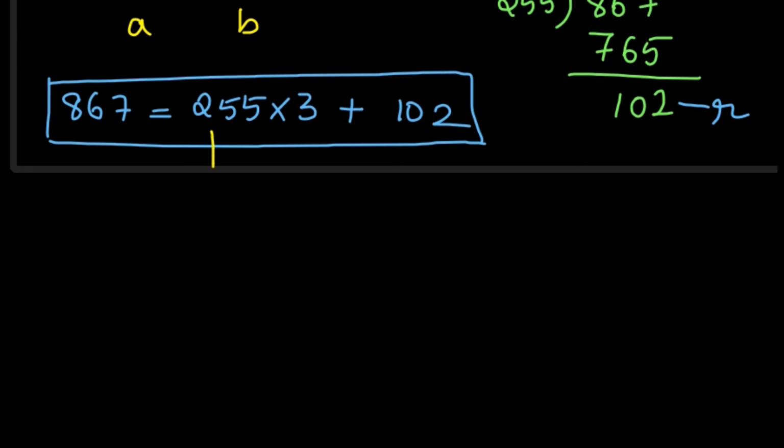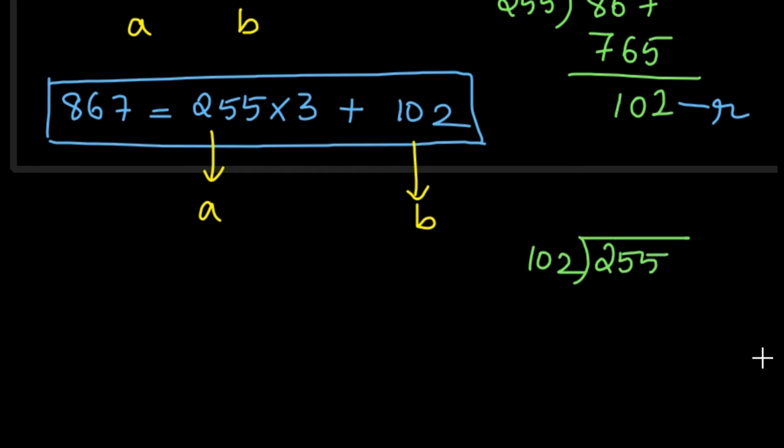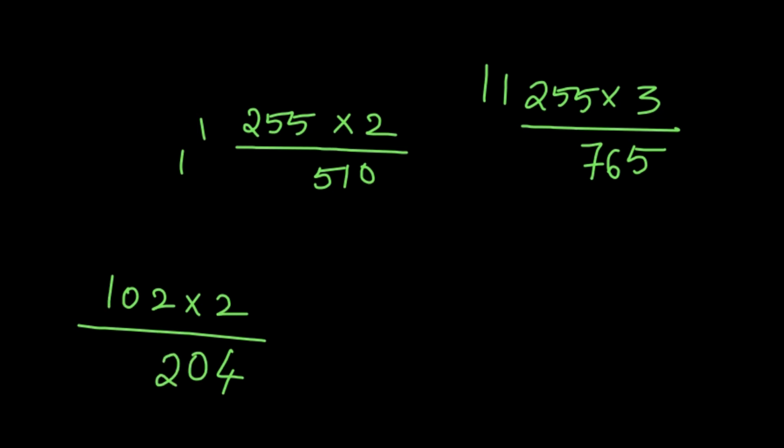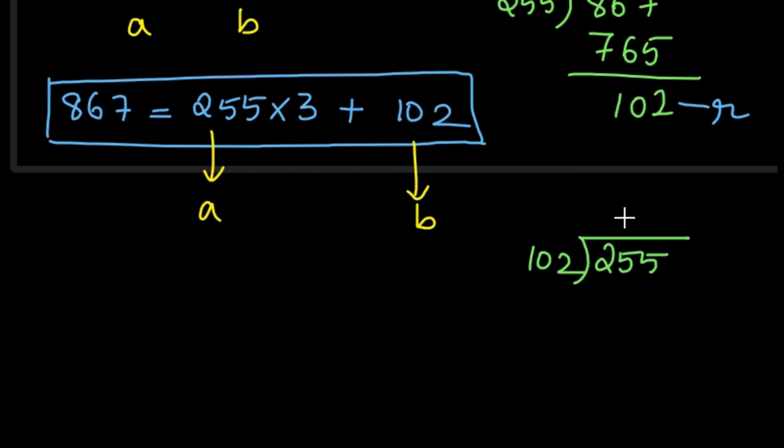Next step, we take this as A and this as B. That is 255 divided by 102. 102 multiplied by 2, we get 204. 5 minus 4 will give you 1.